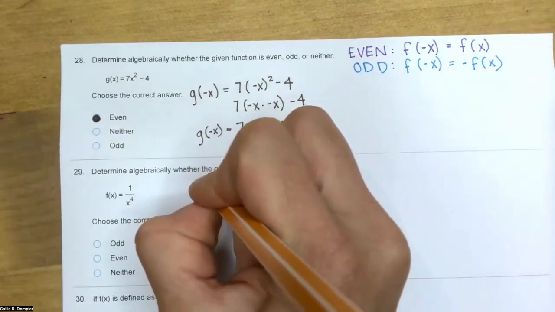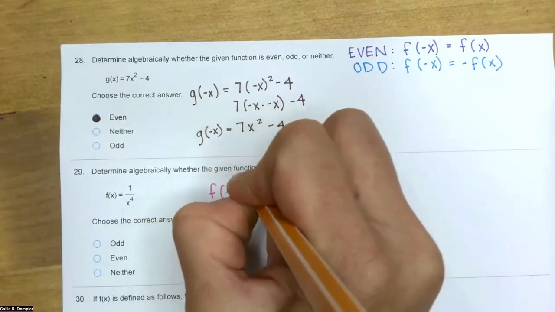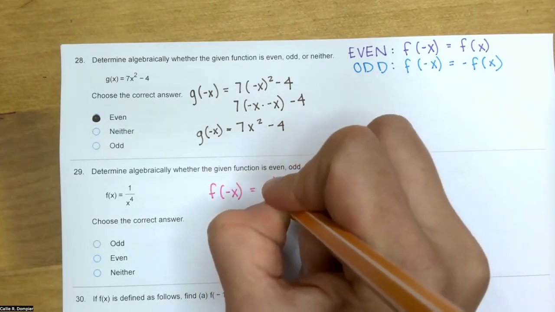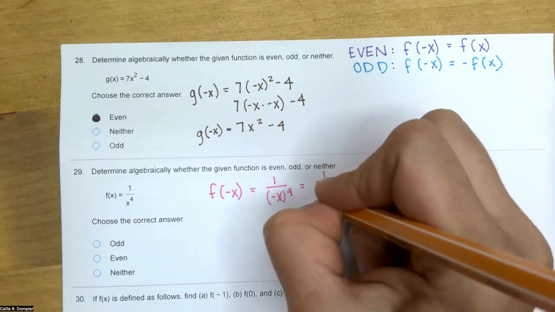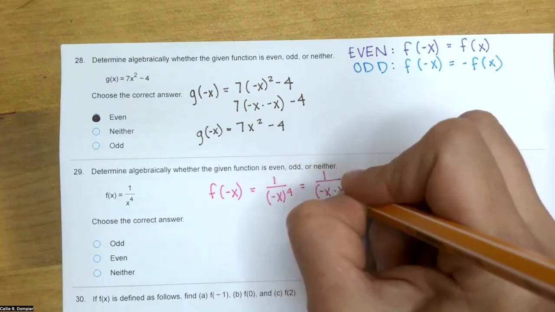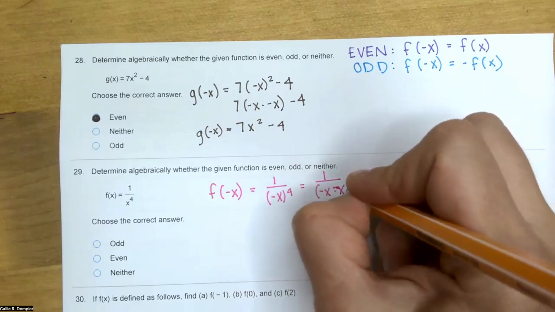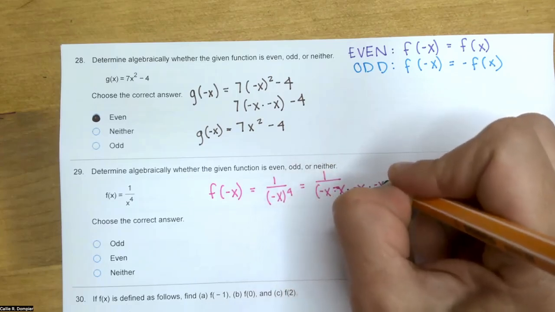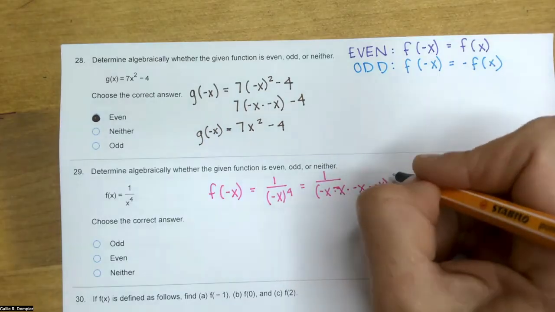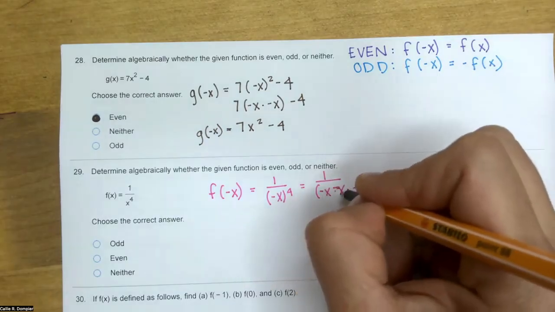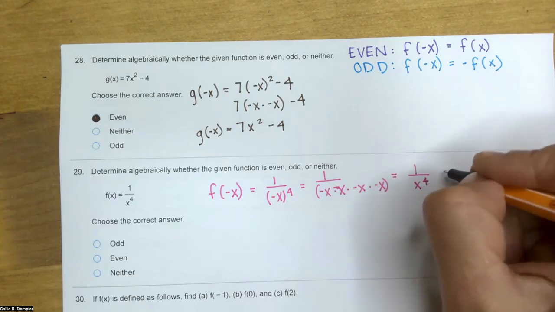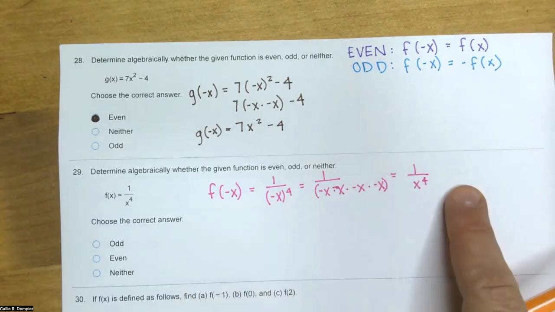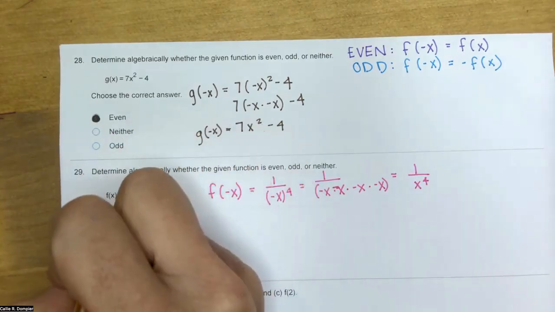Okay, so f of negative x is equal to 1 over negative x to the power of 4. Good? Negative times a negative is a positive, so it's x to the 4th. So f of negative x is the same as f of x, so we're going to say it's even.